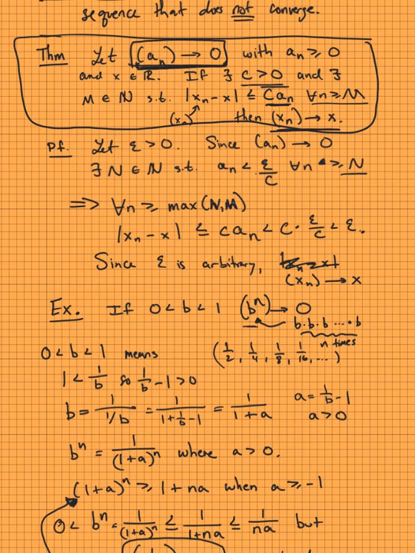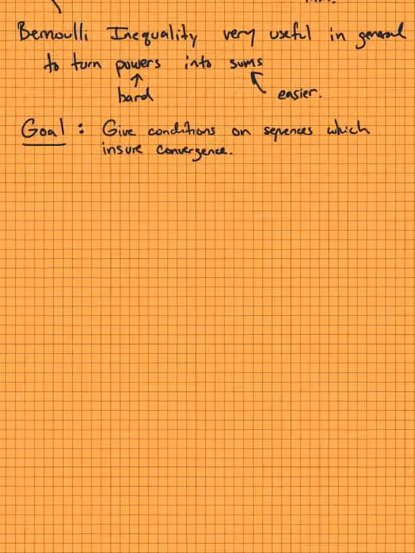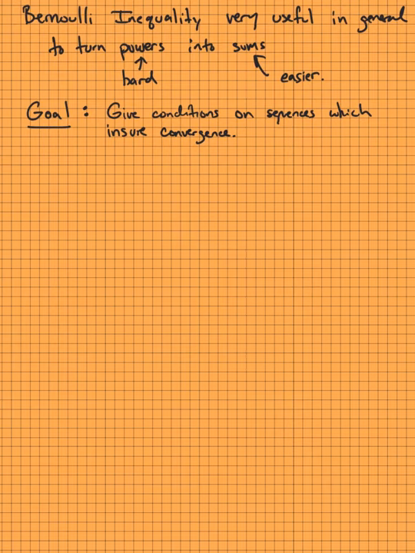So it's reasonable to ask, what you really want is conditions on a sequence which guarantee it converges without any reference to any other sequence, right? Just conditions that you can put on the sequence alone. So we won't do this today, but it's coming, okay?